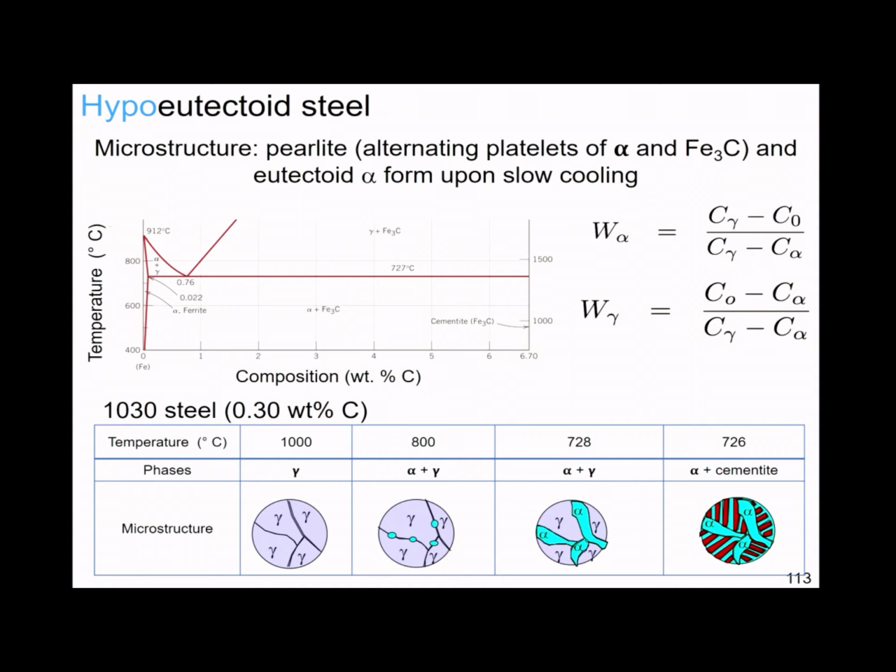If you're in this region right here, up until 0.76 weight percent carbon, and that's your composition and temperature, when you draw your tie line, that's to your right, that's to your left. And so the weight percent of alpha is just C.